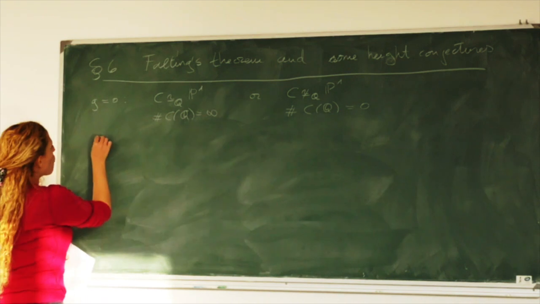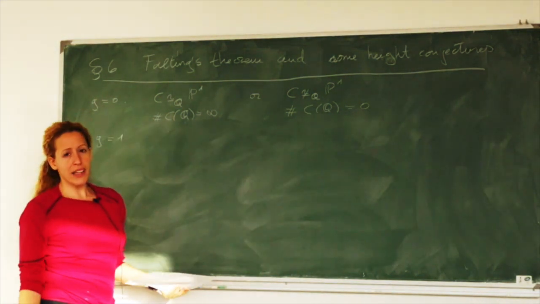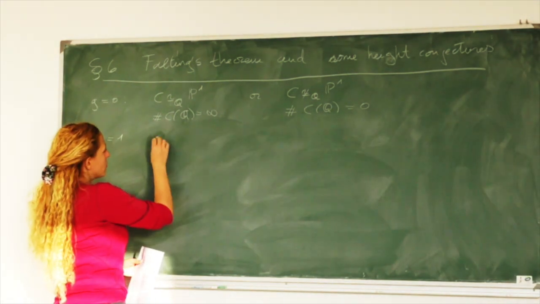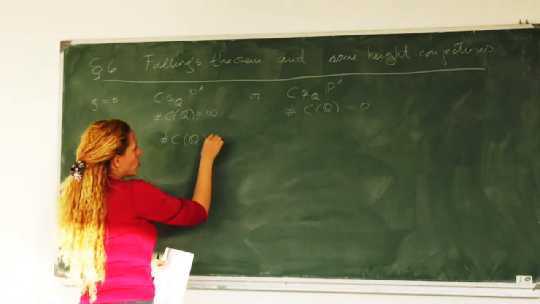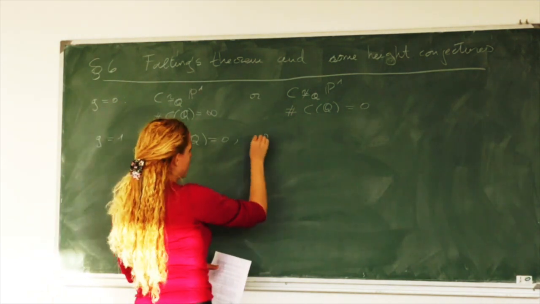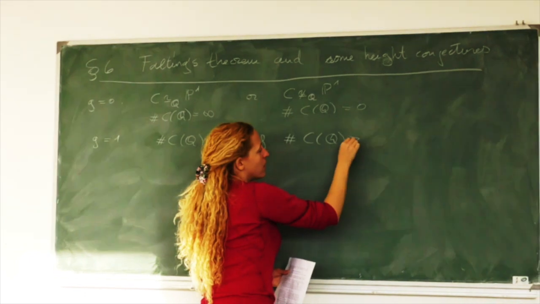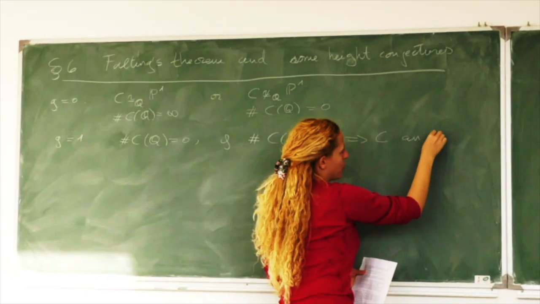Okay, what about the genus 1 case? Well, in the genus 1 case, it may happen that we don't have any point, so we are still in this case, 0 points. And then if we have at least 1 point, then C is what is called an elliptic curve.